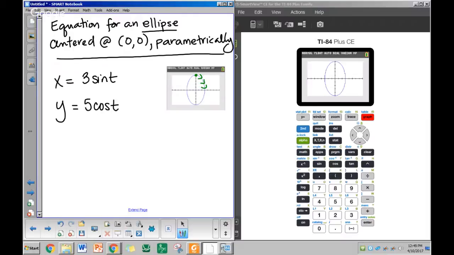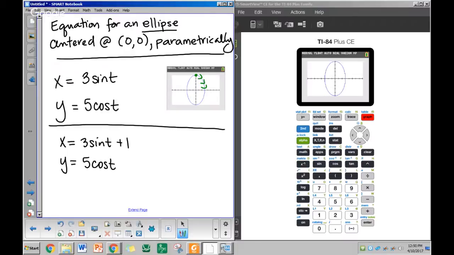Nice. What if I wanted it centered somewhere else? 3 sine t plus 1. Okay, let's try that. I like that. So let's say x equals 3 sine t plus 1, and then y equals 5 cosine t. We'll just change the x.